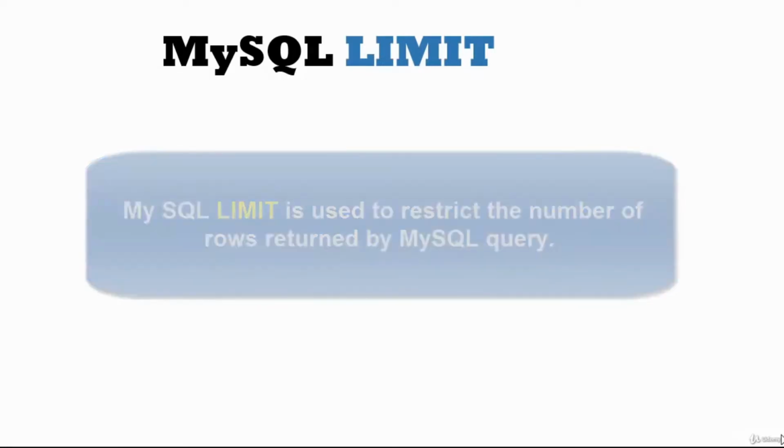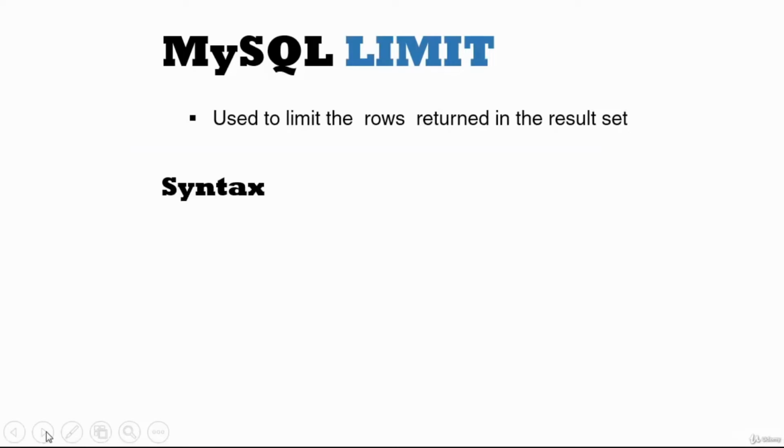The syntax for using the MySQL limit clause is you specify the select keyword and then the column or columns, from, and indicate where the table is coming from. The limit is usually at the end of the select query.